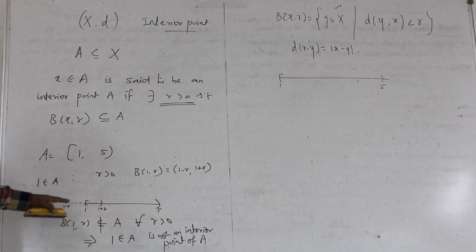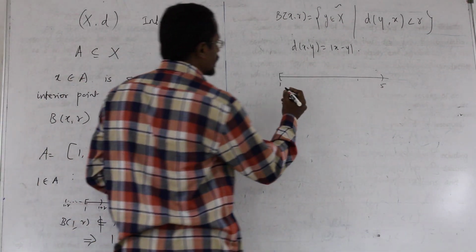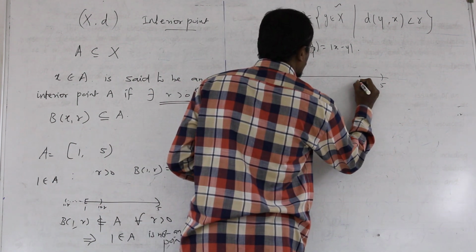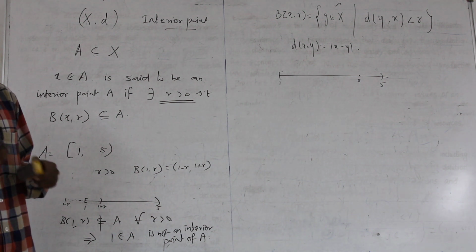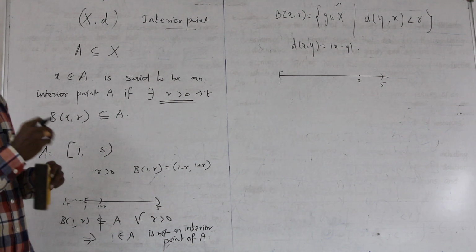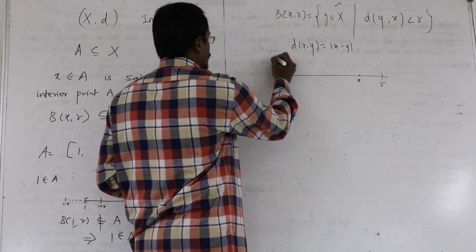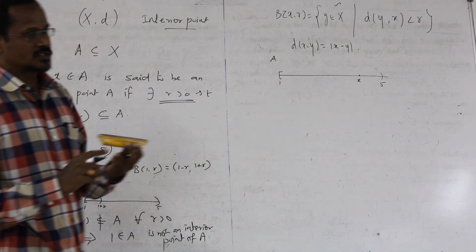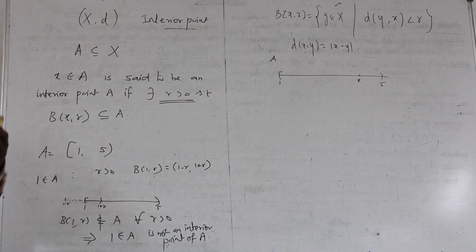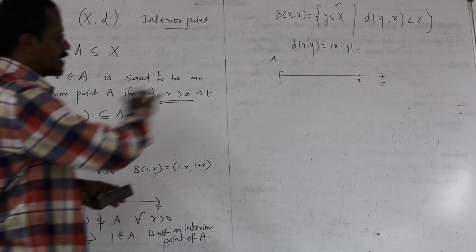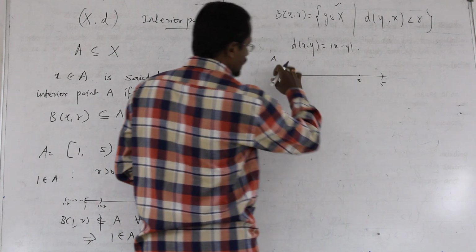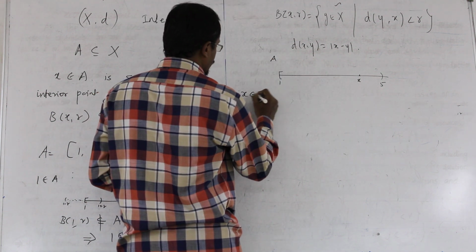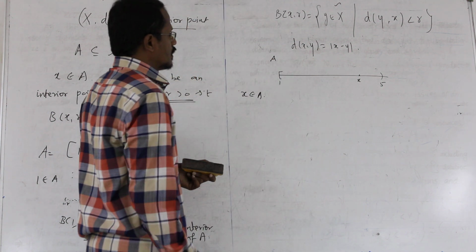Instead of 1, you can take any other point. Suppose I take this point as x. Our aim is to check whether this x is an interior point of the given set A. First condition, you must verify that the point is in that set. Here I am taking x between 1 and 5, therefore x is in A.